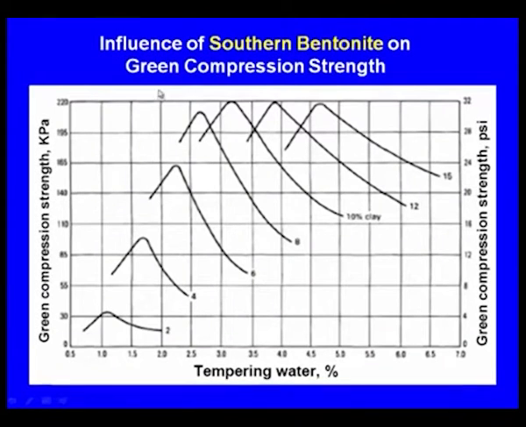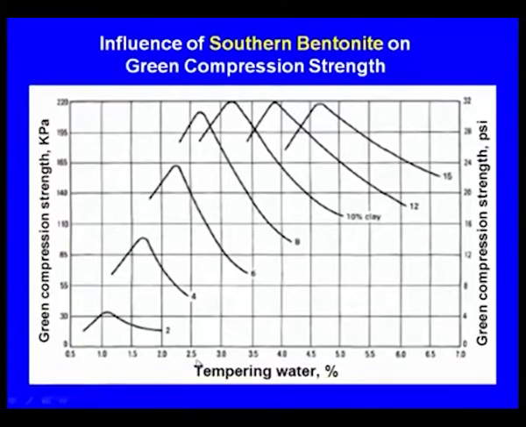Now we can see here a graph of the influence of the southern bentonite on the green compression strength. In the previous class we have seen that bentonite is the most popular clay, or the most popular binder. Again this bentonite is divided into two types: the southern bentonite and the western bentonite.